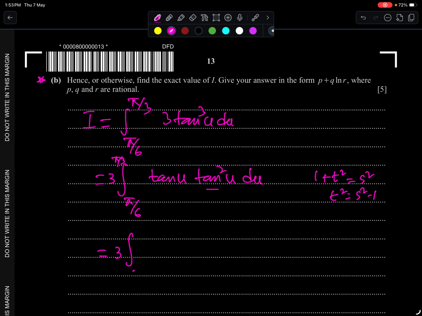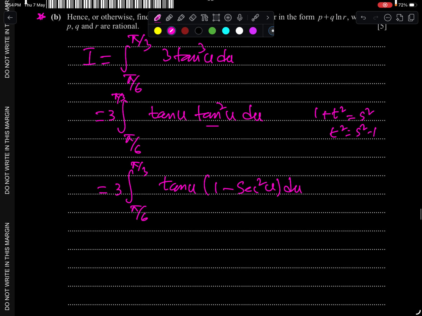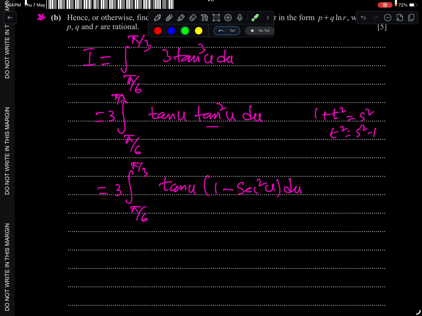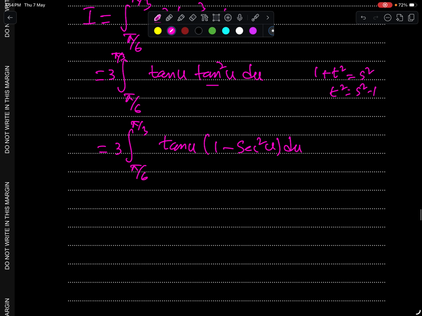And then use basic formula 1. Tan u, 1 minus sec square u. By the way, this is the way we integrate cos cube and sine cube as well. I am using the same concept here.